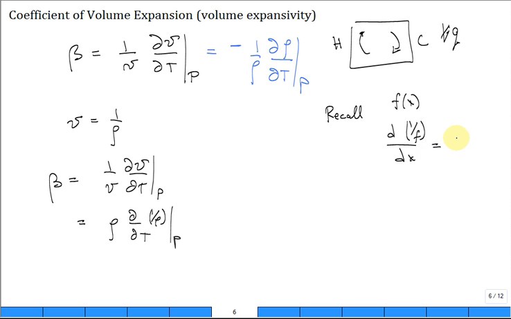Is it the same as the differentiation of f to the minus 1 with respect to x? So is it negative df, negative f to the minus 2 df dx?